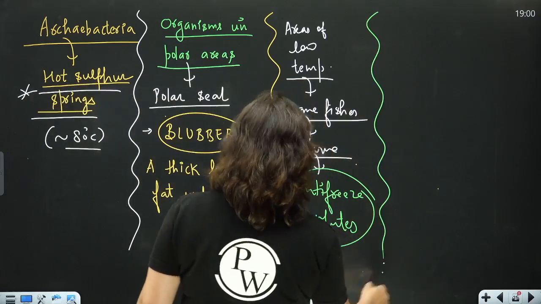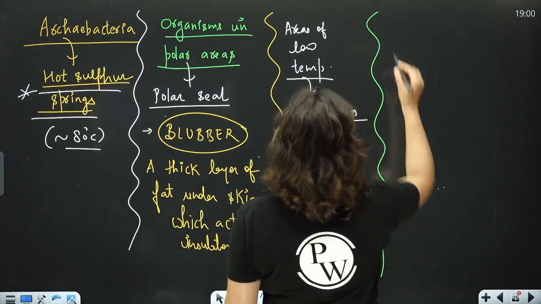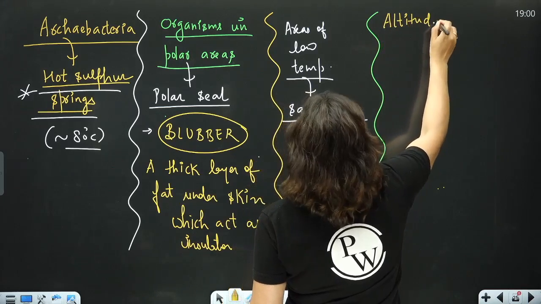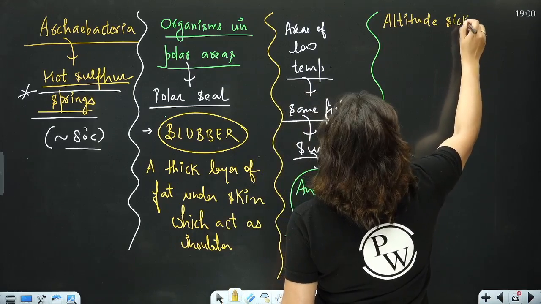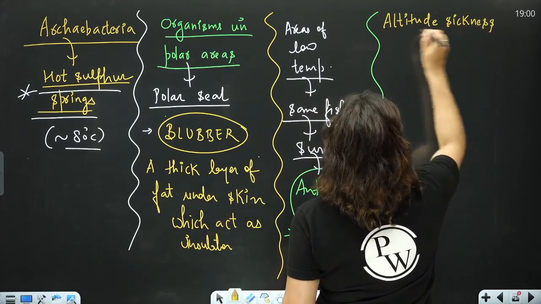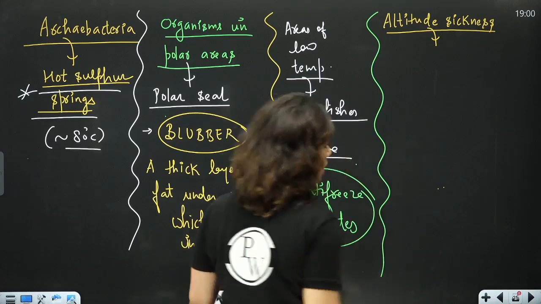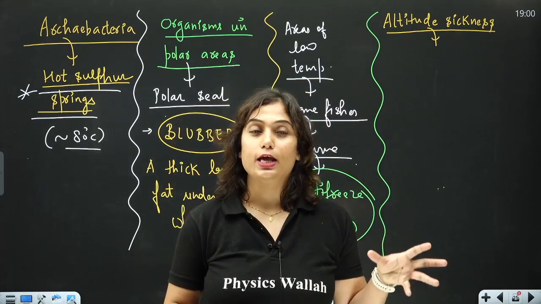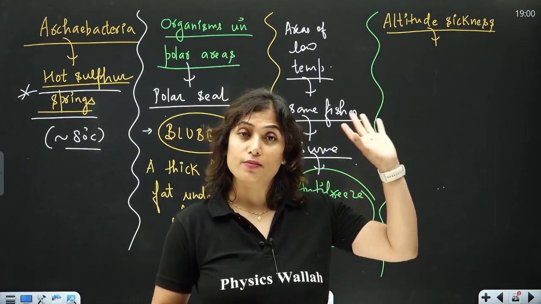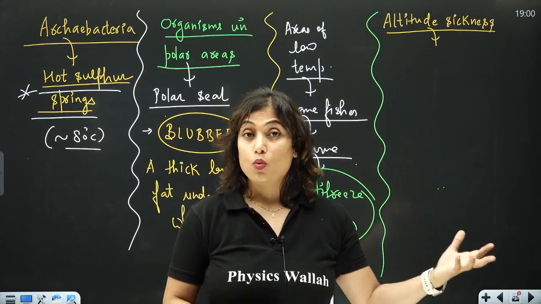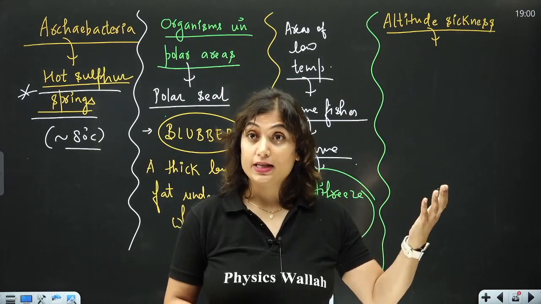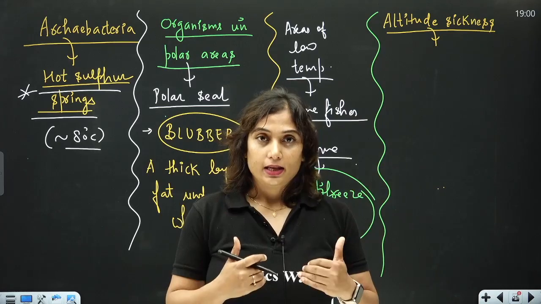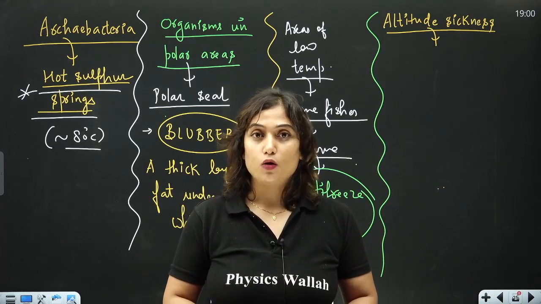Then comes the example of altitude sickness. What happens when people who reside in the plains go to the Himalayas or Ladakh or Leh, at a very great height? They find difficulty in inhaling, in breathing. This is called altitude sickness.